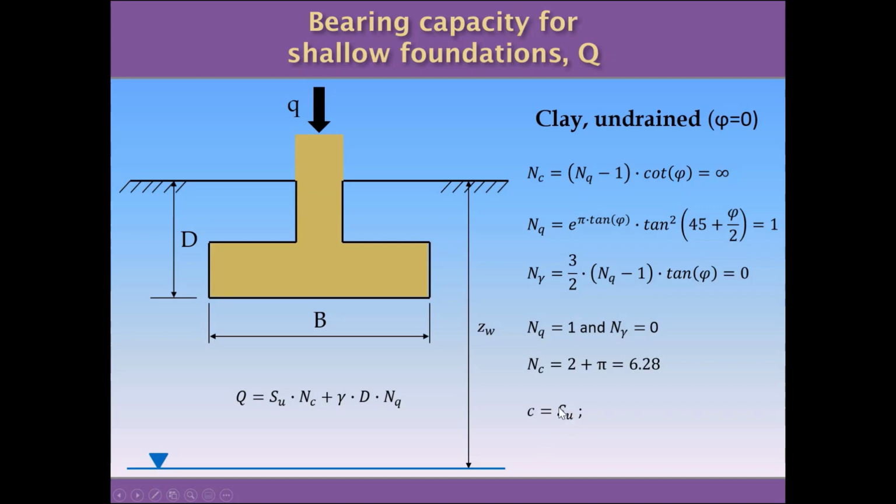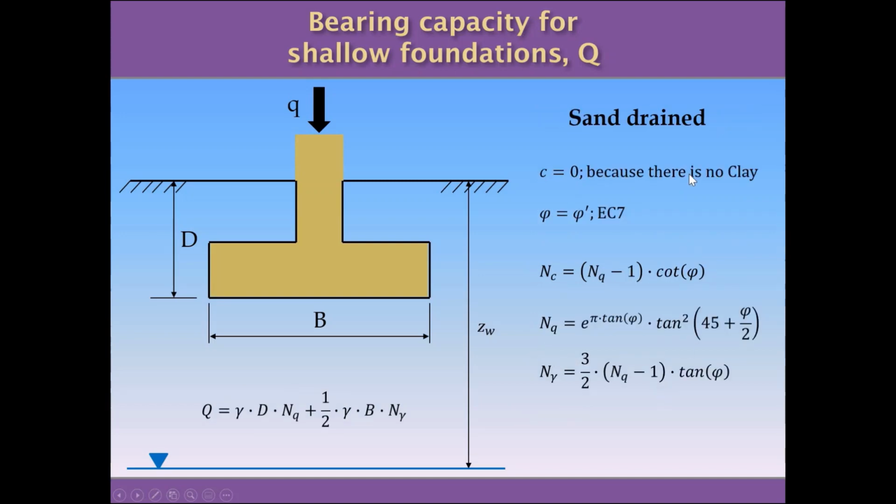You can affect, of course, the clay strength by the Eurocode's reduction coefficients we are going to study in the problem in the next video. But you see that for this case, the formula at least is simpler.